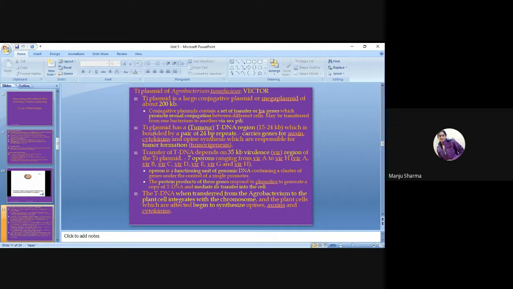The protein products of these genes respond to phenolics to generate a copy of T-DNA.